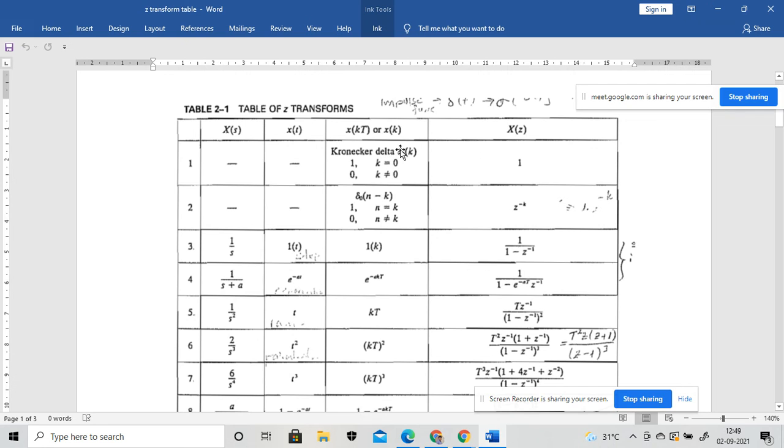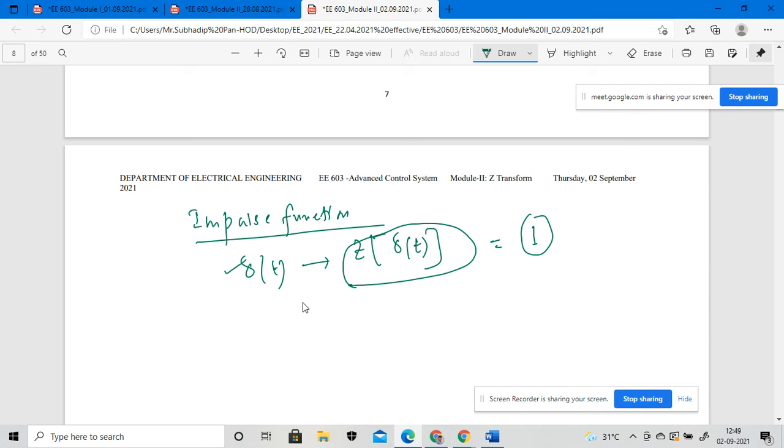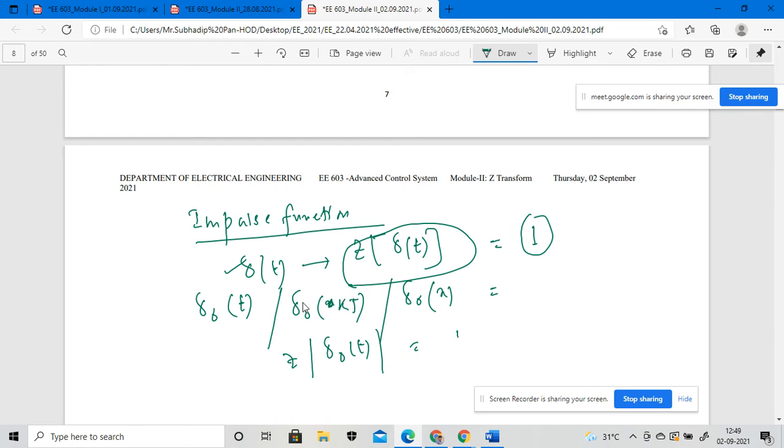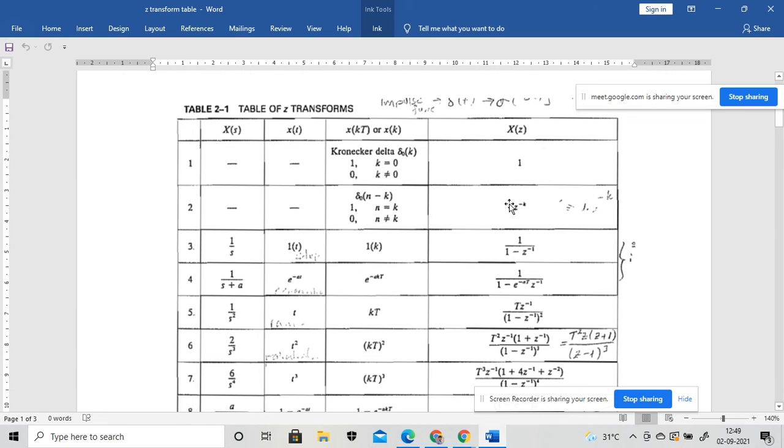So after doing the z transformation of del 0 k, that means del 0 kt, we can consider it as del 0 x, like this. After doing the z transformation of del 0 t, the value will come 1.